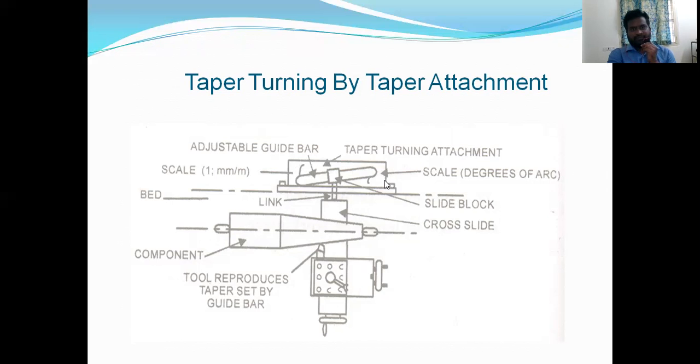The attachment length is from here to here. That much length only we produce the taper on the workpiece, because the cutting tool is moving on this bar with this inclination angle. Up to that only we get the taper shape, right?